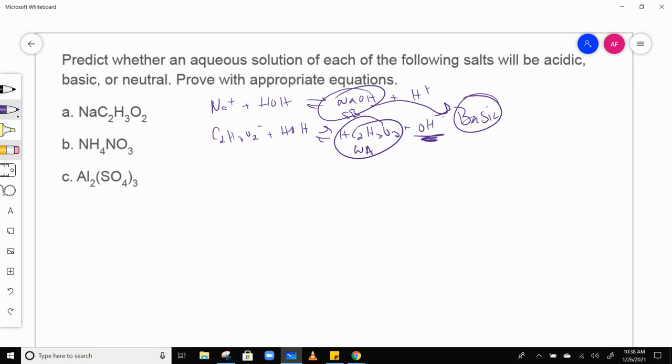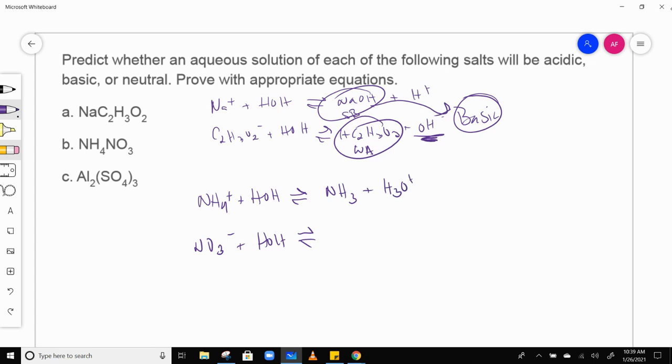Next one, again, I think we did this one too, NH4 plus and NO3 minus. The first one we get NH3 plus H3O plus.